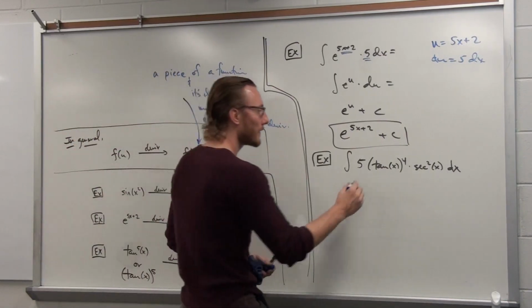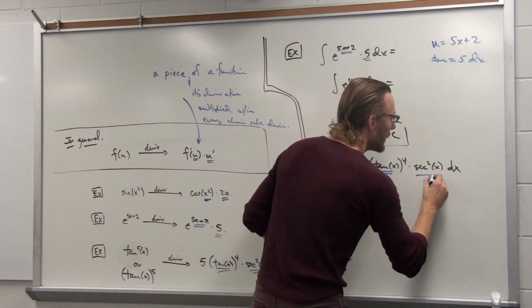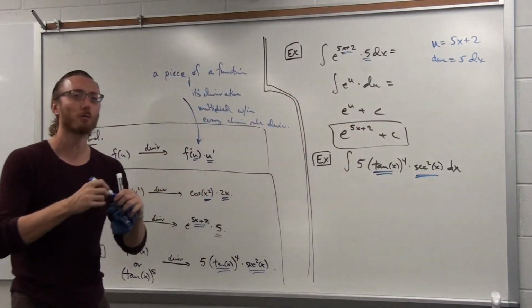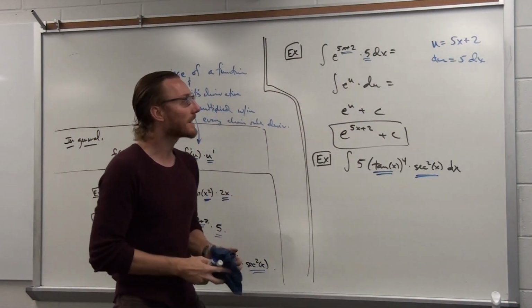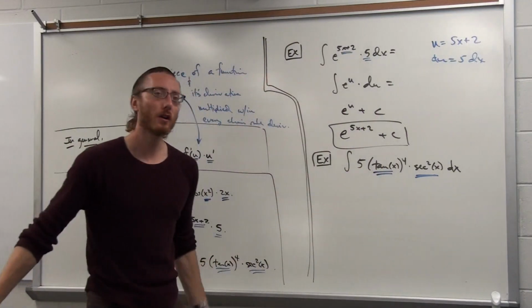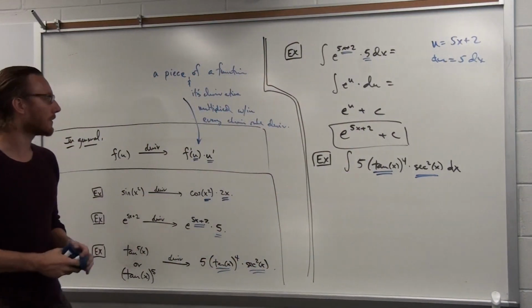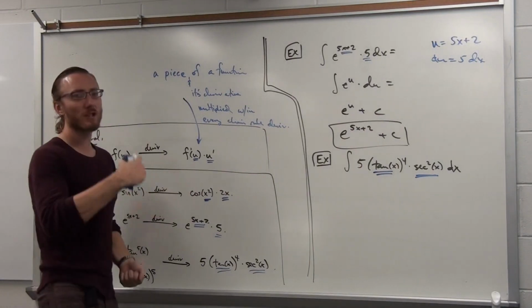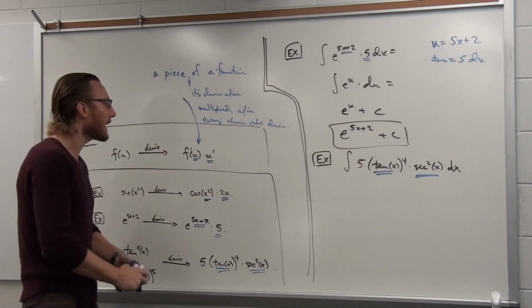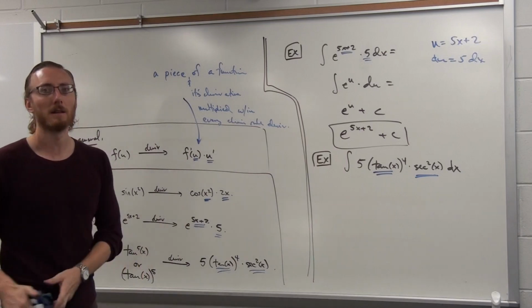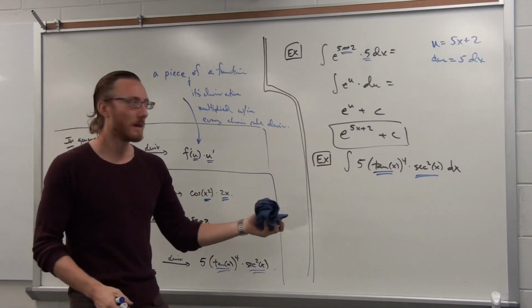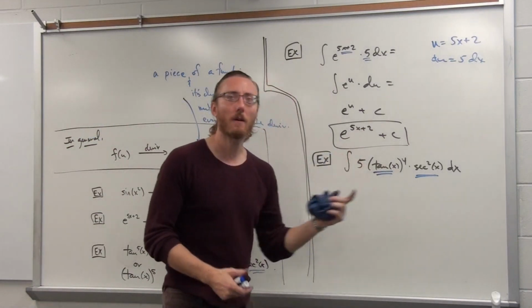There's some piece of our function and some other piece of our function which are related by way of derivative. And in particular, those things are in a product, which is exactly what results with the chain rule. You have some bit of your function and some other bit related by derivative in the form of a product. That's chain rule. This looks like something that might have come from the chain rule.